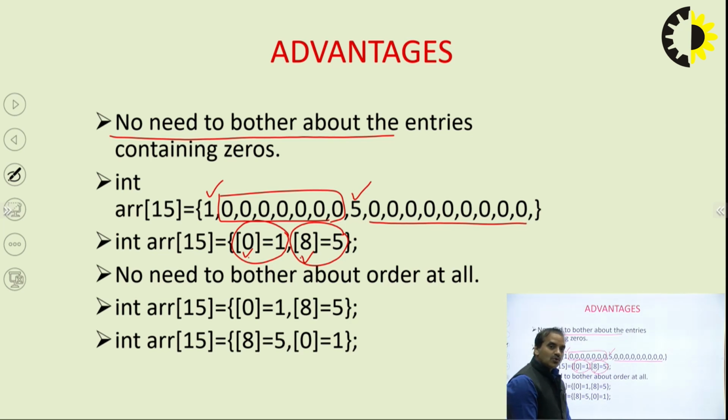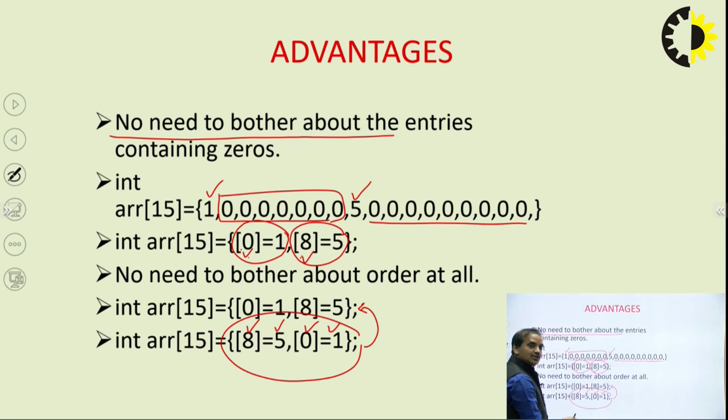There is no need to write that if 1 comes before 5, then we have to write 0 before 8. No, we can interchange them. We can write A[8] = 5, A[0] = 1. This is the same as this. Both statements work in a similar manner.